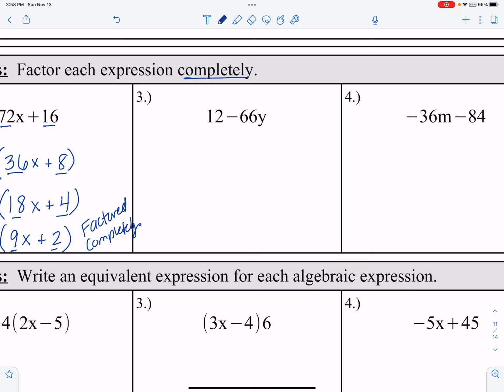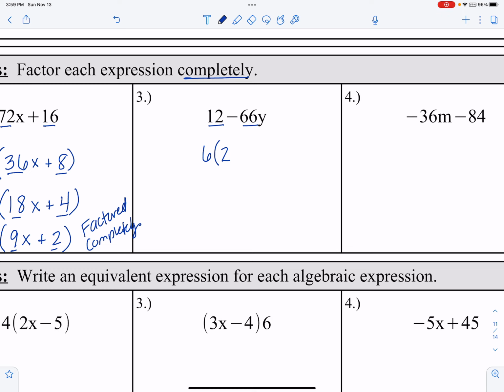For this one, I'm thinking about my 12, and let's see, factors of 12. For this one, we can pull out a 6 for both of these. And so we have 6, and then 6 times 2 is 12.